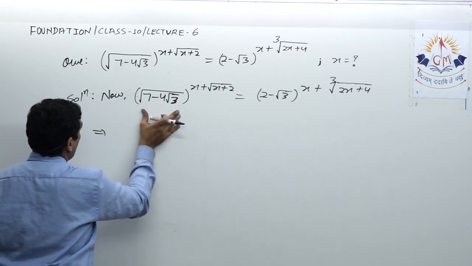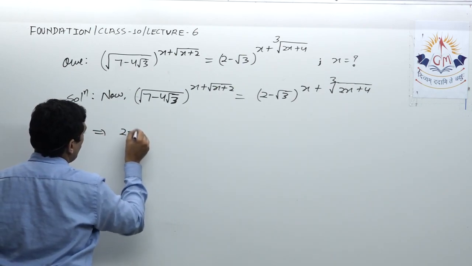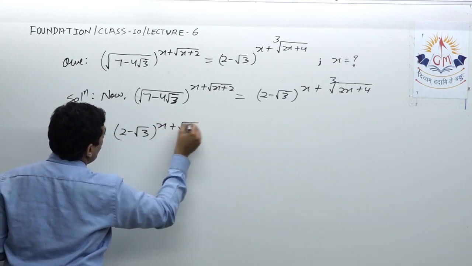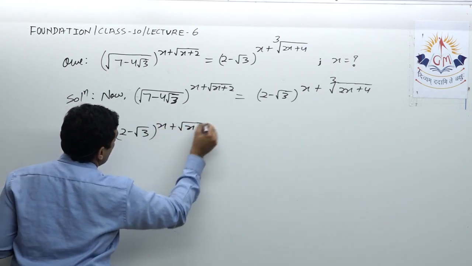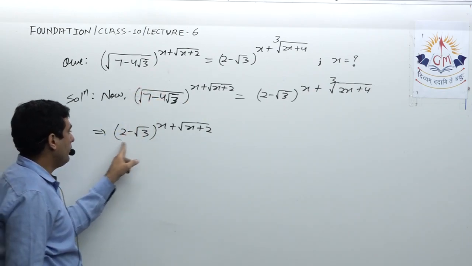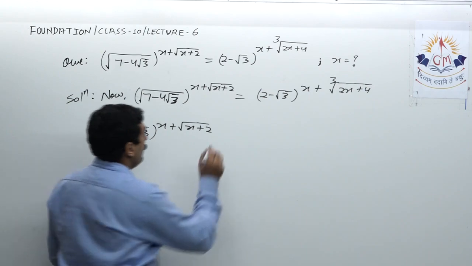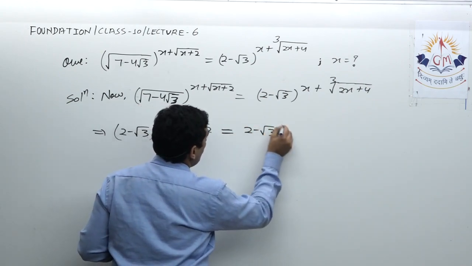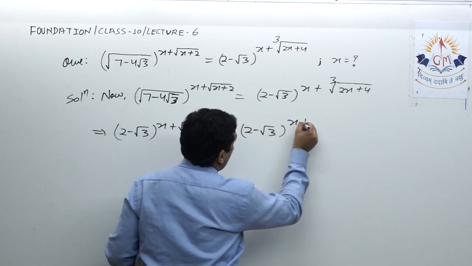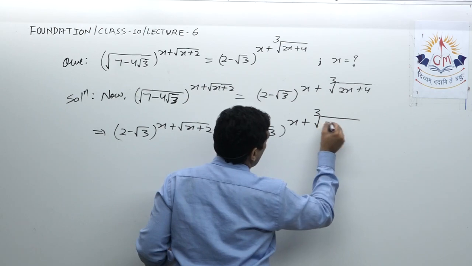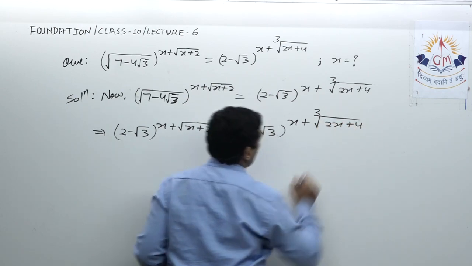So 2 minus root 3 raised to x plus root of x plus 2, because just now we got this value, the square root of 7 minus 4 root 3 is 2 minus root 3, is equal to 2 minus root 3 raised to x plus cube root of 2x plus 4.